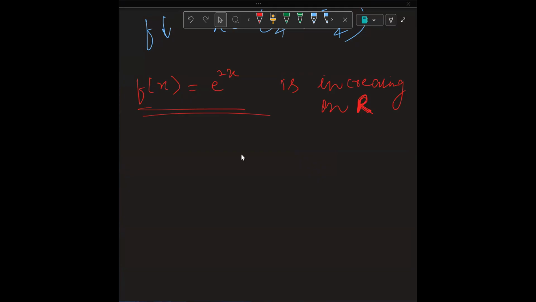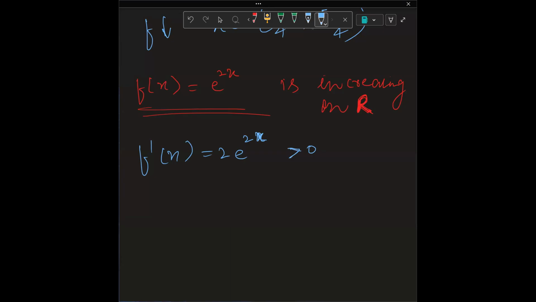Sir, I used the derivative method. Tell me how the derivative can work here. See, if I use the derivative and differentiate this, then I will get 2e^(2x), right? So how can I say this is always greater than 0?